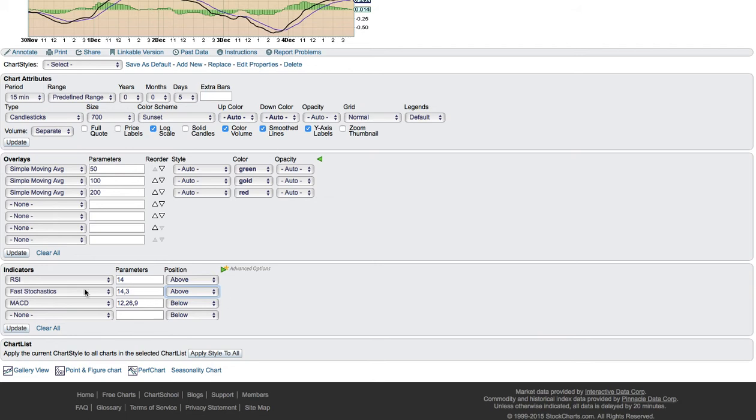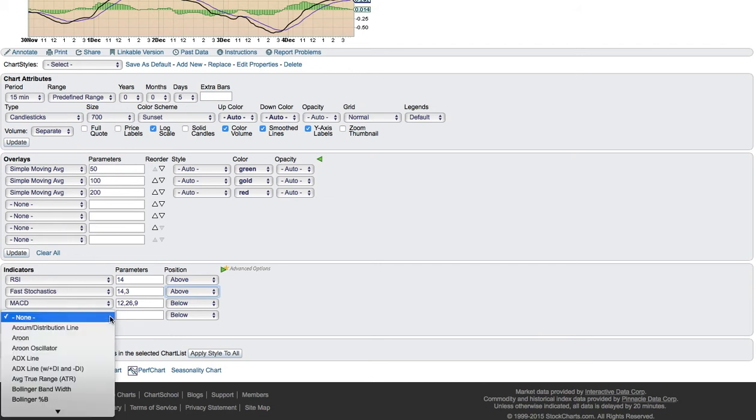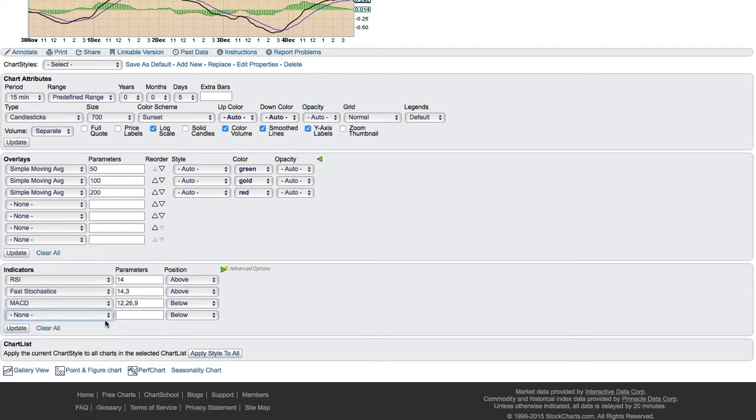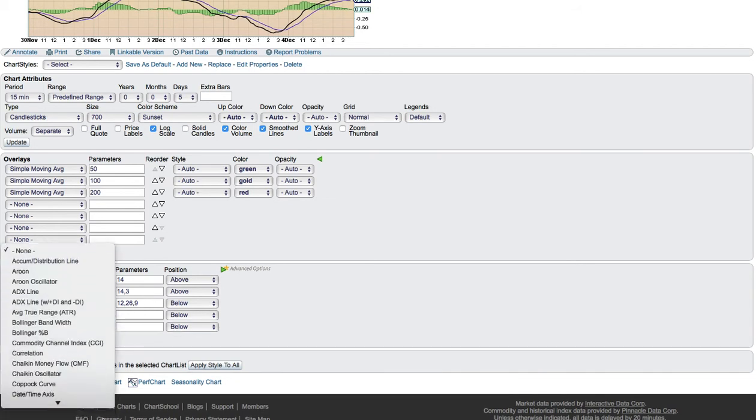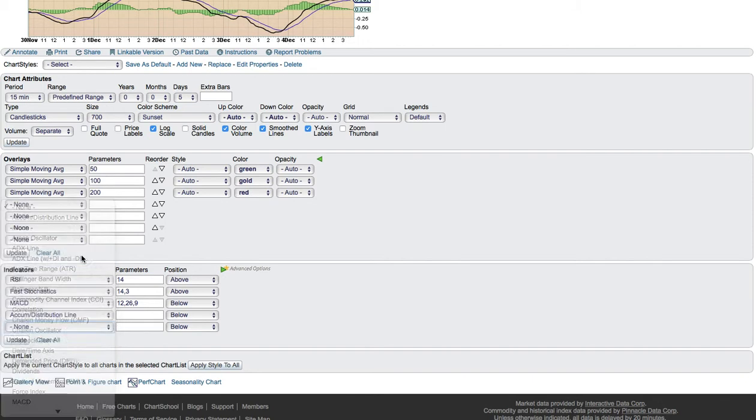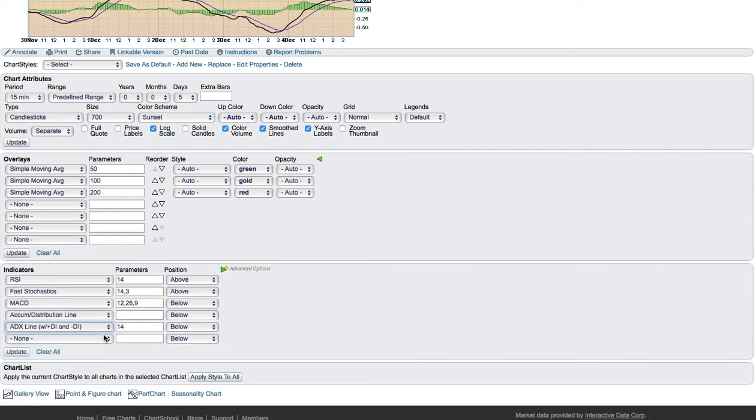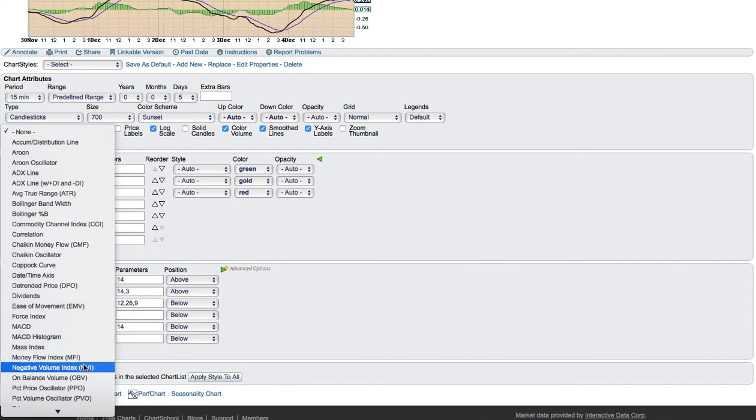You might want to change this up. Instead of using these three indicators here, if you have them on another chart, you could put three different ones here. You might want accumulation distribution. I really like ADX with plus DI and minus DI. There are so many good indicators to use.